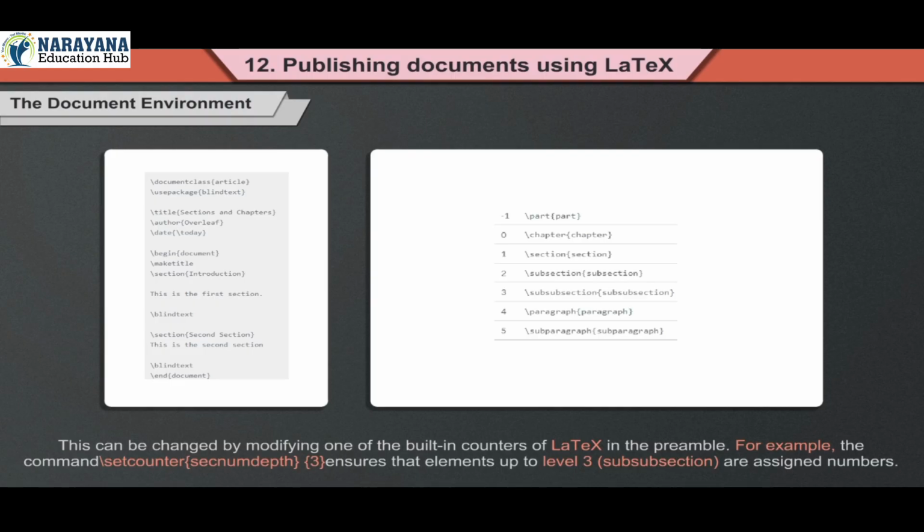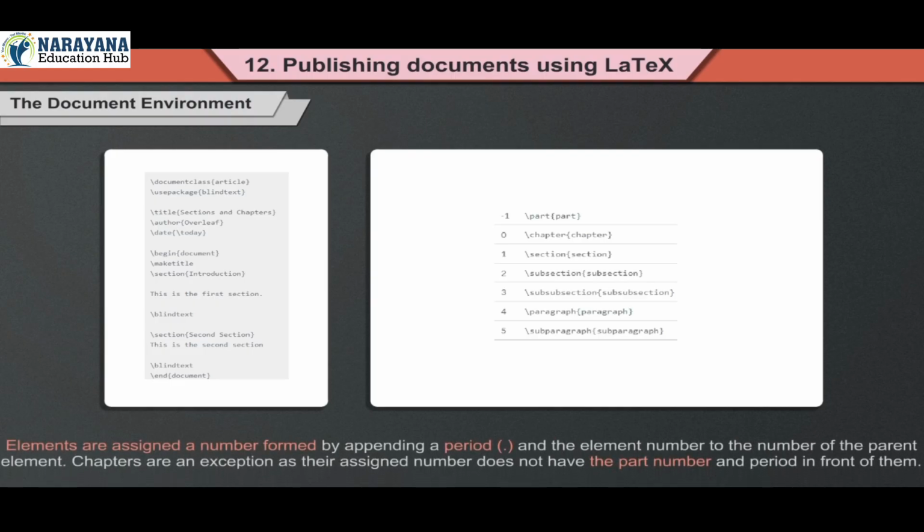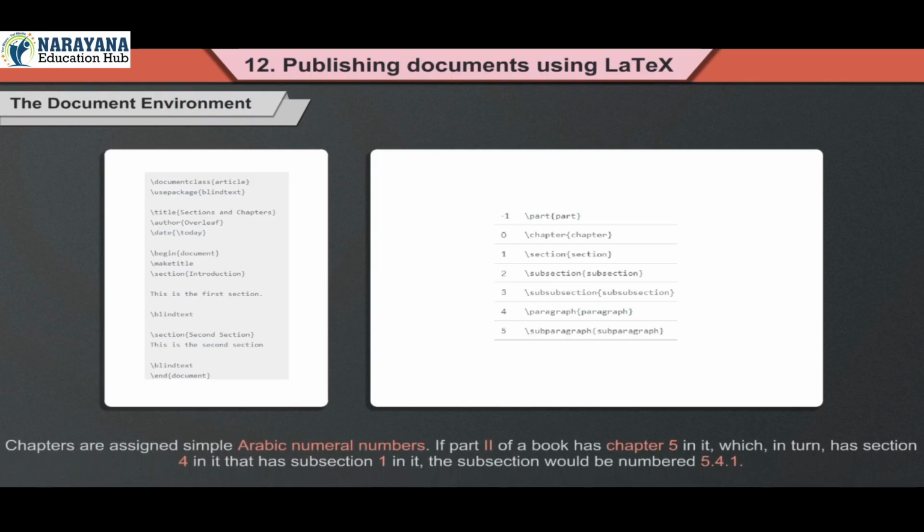subsubsections, are assigned numbers. Elements are assigned a number formed by appending a period (full stop) and the element number to the number of the parent element. Chapters are an exception as their assigned number does not have the part number and period in front of them. Chapters are assigned simple Arabic numeral numbers.